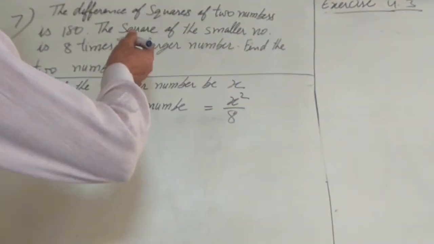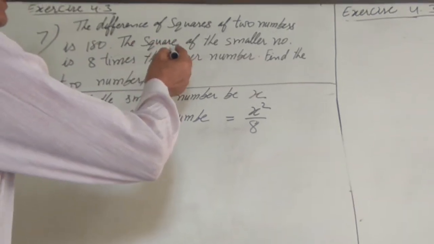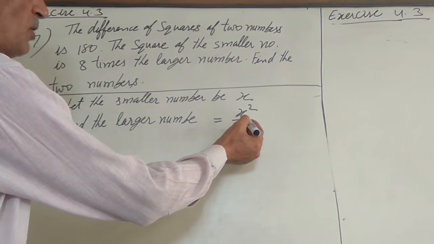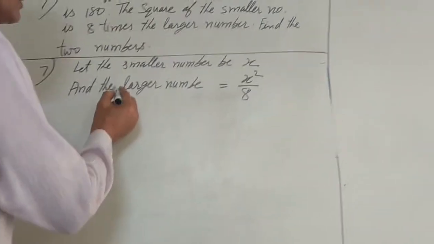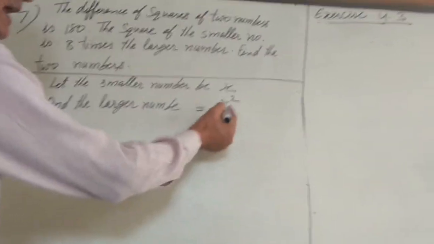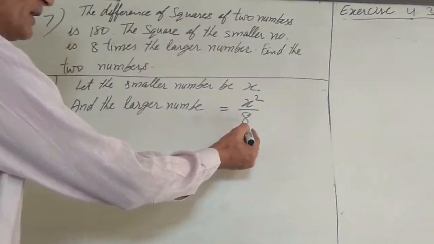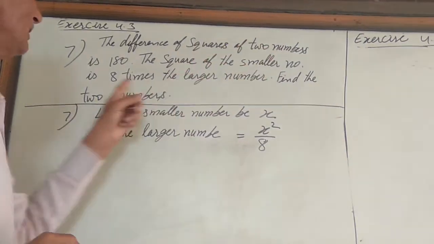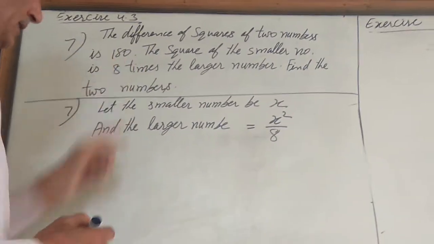If the smaller number is x, then we are given that the square of the smaller number is 8 times the larger number. That means the larger number is x square upon 8. Now, the difference of the squares of the two numbers is 180.